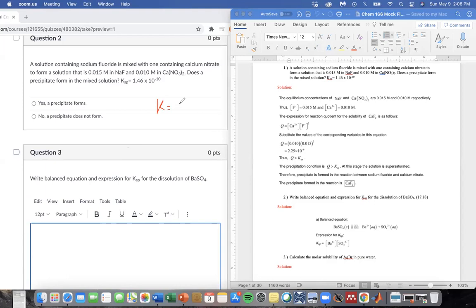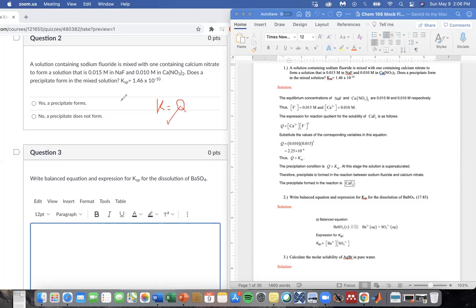If you add any more in, there will be precipitation. If you take any out, there's going to be additional dissolution. And so if Q equals K, it's the breaking point between the two.